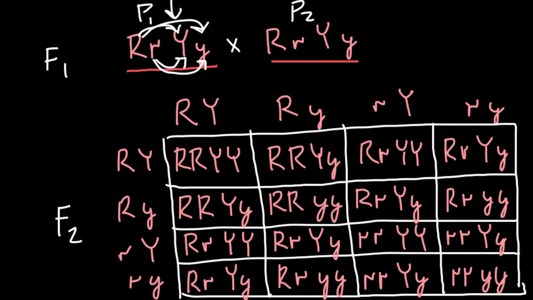In the F2 generation we would be able to see the following phenotypes: capital R and capital Y would produce red phenotype, because dominant allele R is dominant over the allele Y. And here we also would see red pigment, and red pigment here.